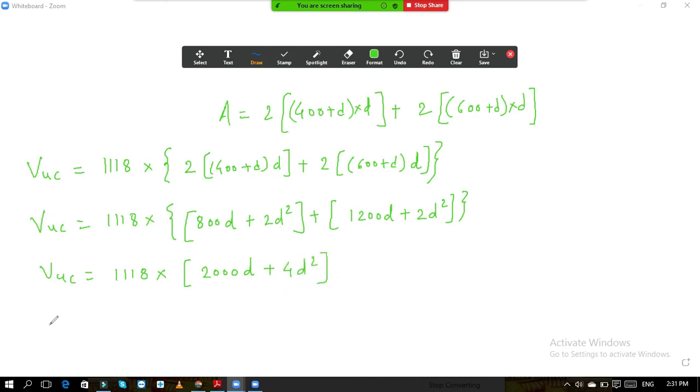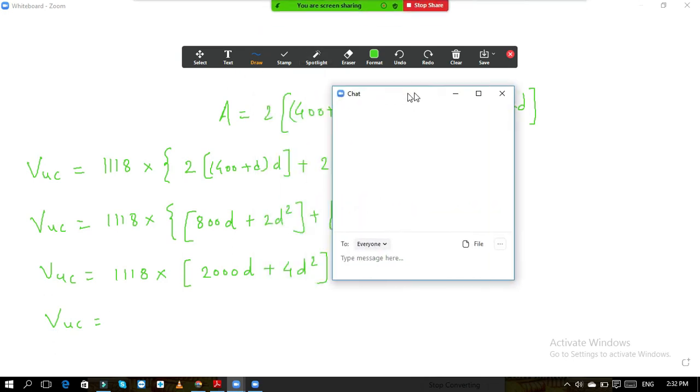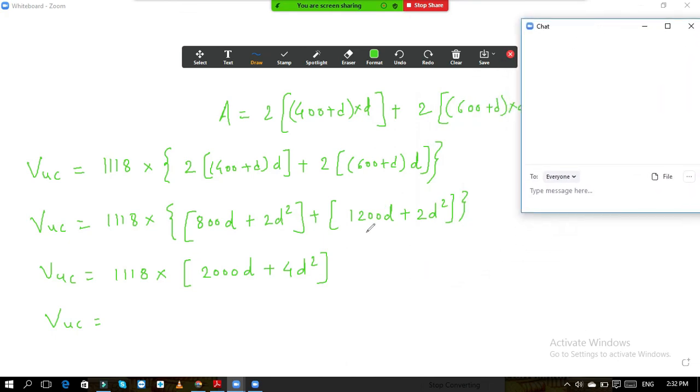Now multiply inside with this 1118. Now if you multiply inside, all of you are hearing me? What are we doing over here, what is going on? See, here we made a small mistake and it will cost us a very big mistake. So who will tell what we have done exactly?